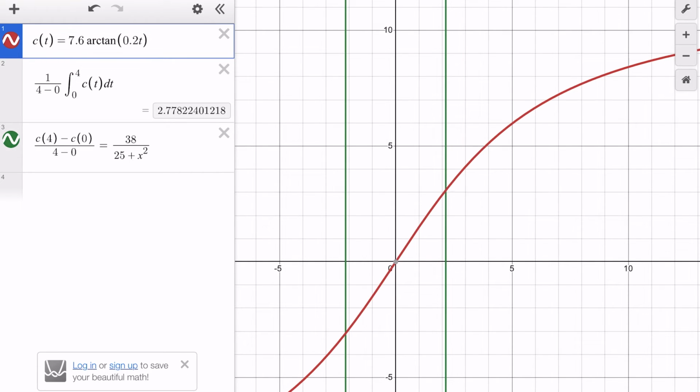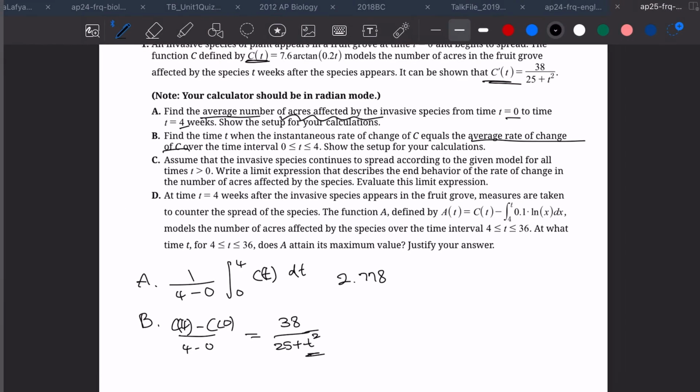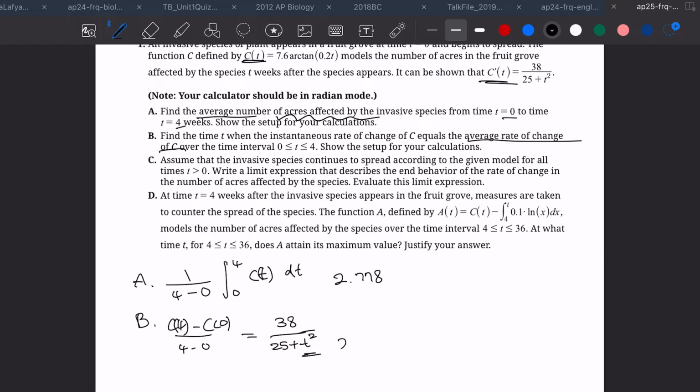Well, that's fine. So how do you find the intersection? Well, if you have a different calculator, you would get the answer 2.154.